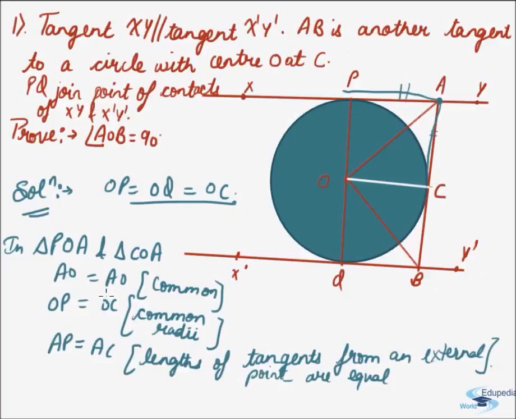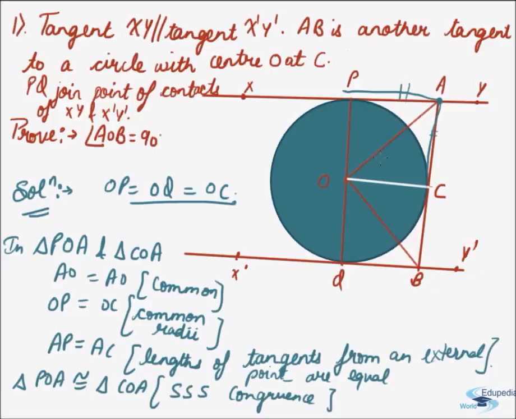Now we have three sides equal in both the triangles, and thus we can say that triangle POA is congruent to triangle COA by SSS congruency criteria. Now, since the triangles are congruent, their corresponding angles will be equal.